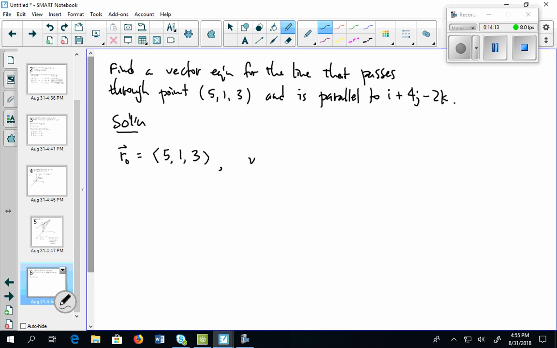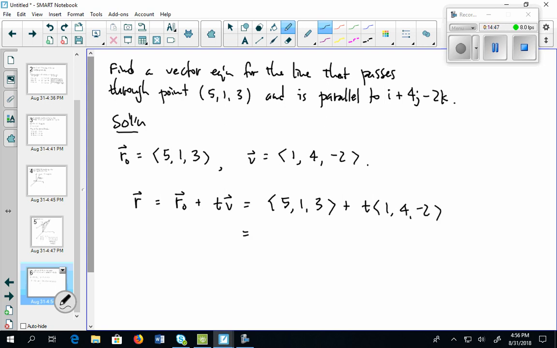And my vector v, I'm going to use the other notation, the 1, 4, negative 2, between the vector brackets. So the vector equation is going to be R equals R naught plus tv, which equals the vector 5, 1, 3, plus t, the scalar in front of 1, 4, negative 2.